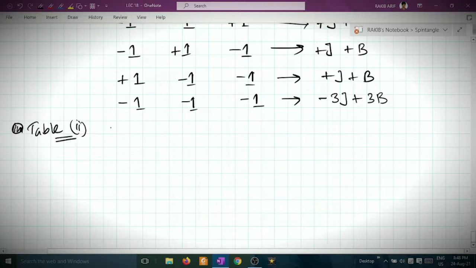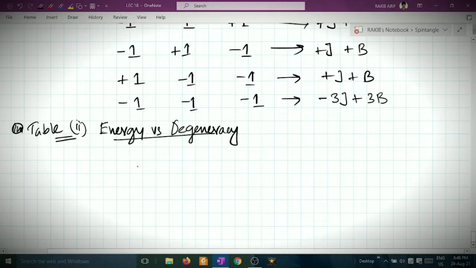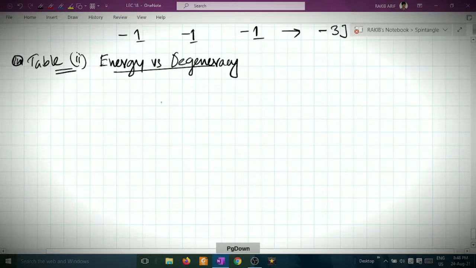This is energy versus degeneracy, that means what are the degeneracies? Make a table of, say, Ei and gi.